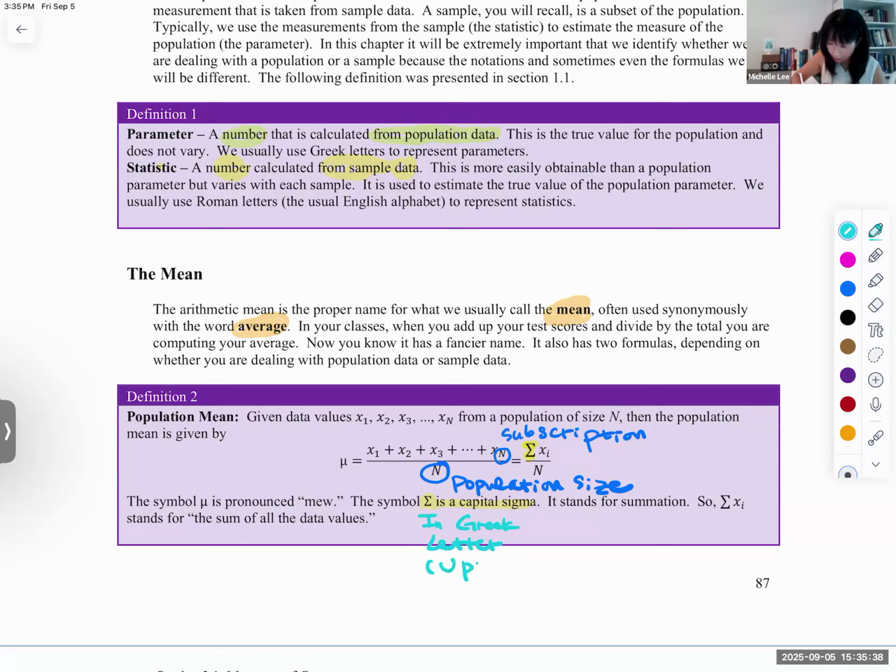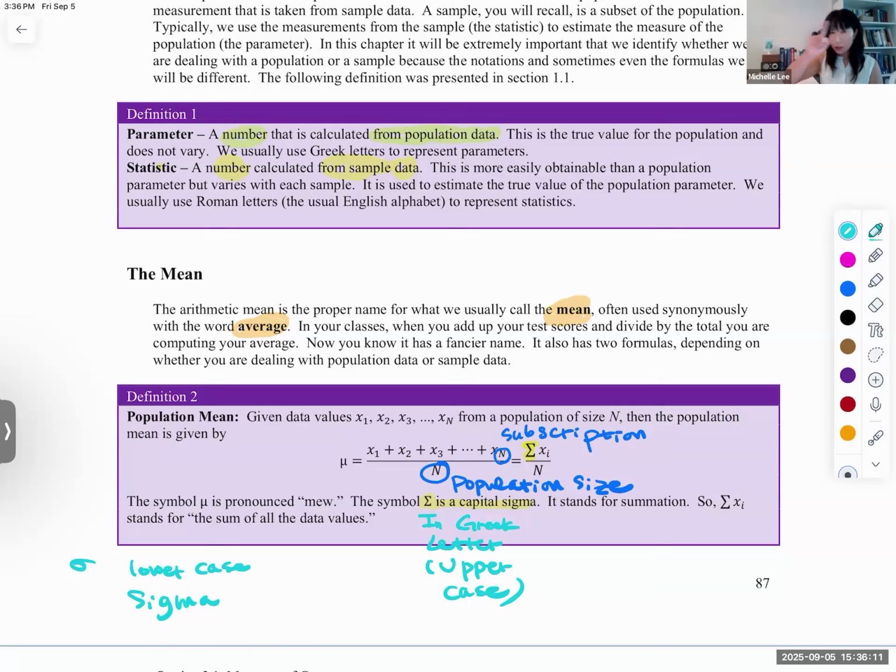Capital means uppercase. For your information, what about the lowercase sigma in Greek? This is a lowercase sigma. We're going to learn this one later.